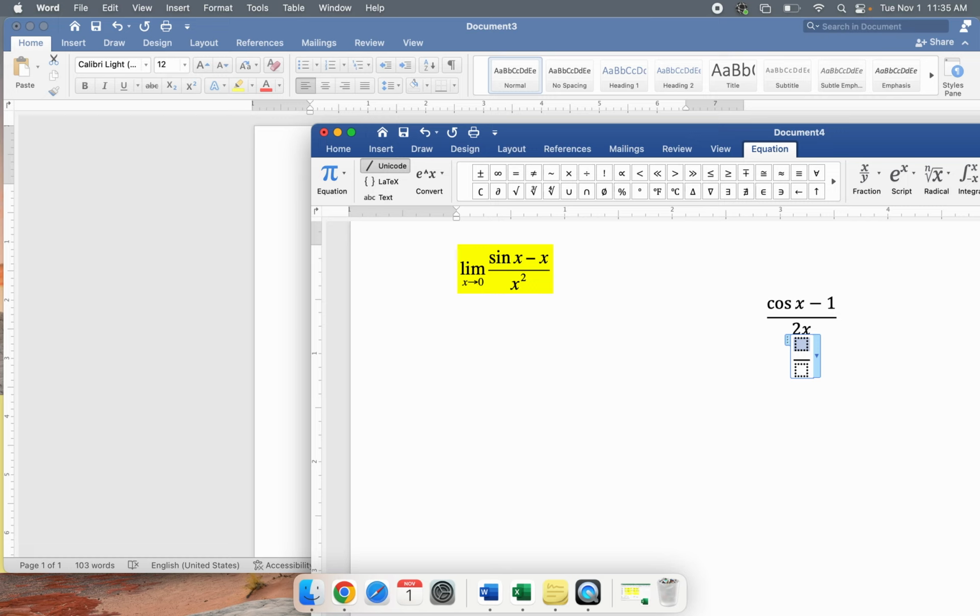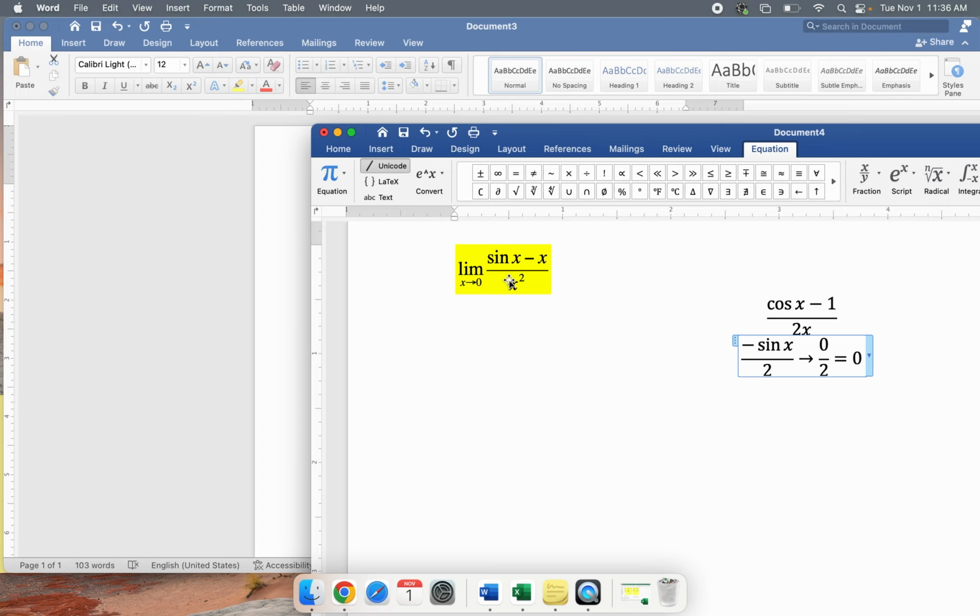In other words, you have to take the derivative of the top and the bottom a second time. The derivative of the top this time is just negative sine of x, and the derivative of the bottom is just 2. And if you plug 0 into that, then you get 0 over 2, which is just 0, and so that's the value of the limit.